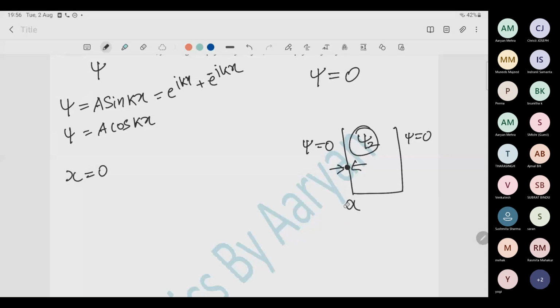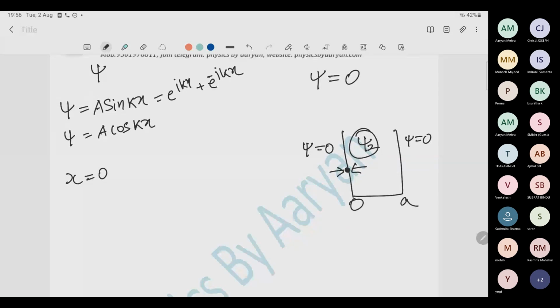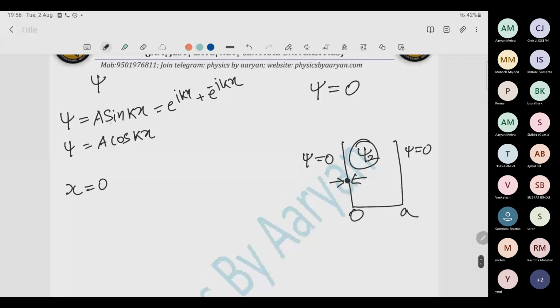So at x equals 0, your wave function must be 0. Now tell me, out of a sin kx and a cos kx, which of these is actually satisfying this condition?